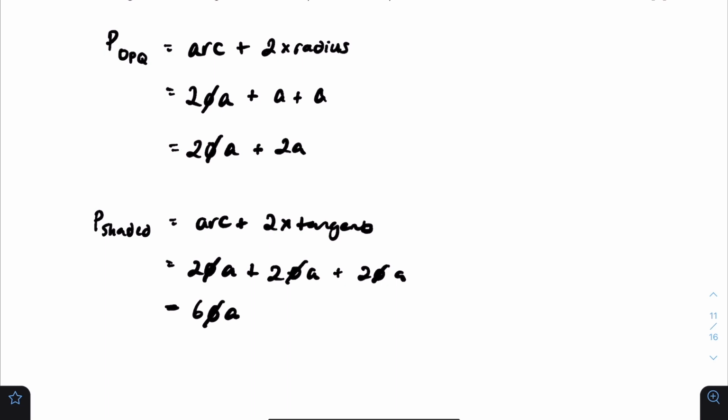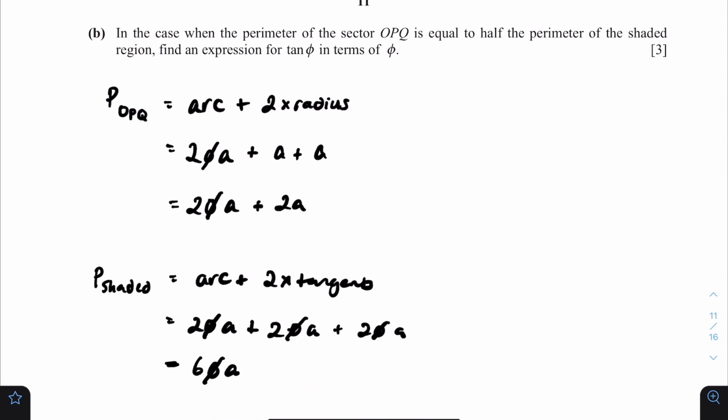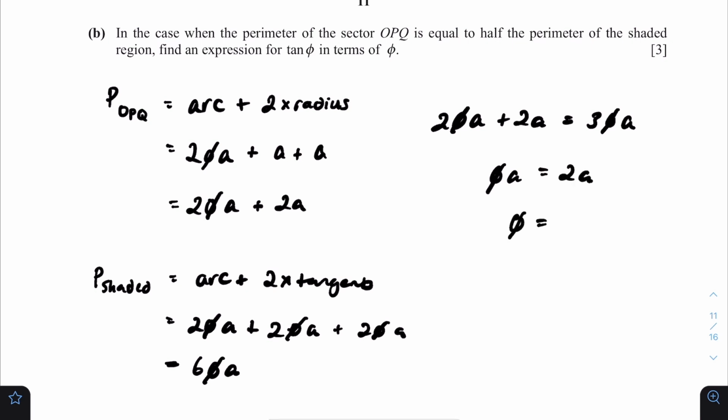So we know that the perimeter of the sector OPQ is equal to half. That means that 2 phi A plus 2A has to be half of 6 phi A, which is 3 phi A. Therefore, phi A is equal to 2A, and phi is equal to 2.